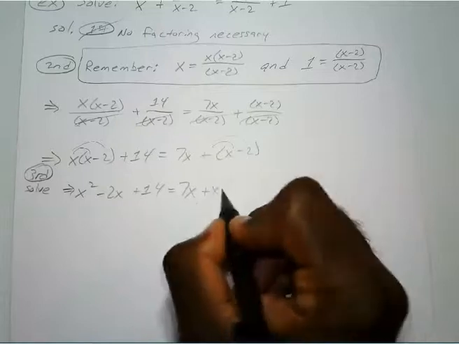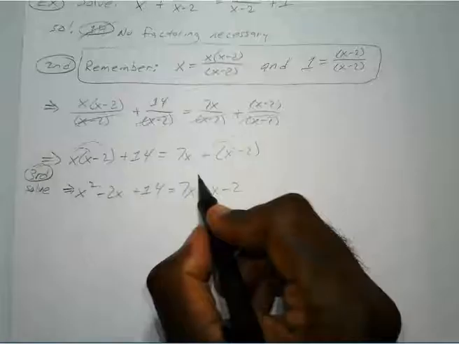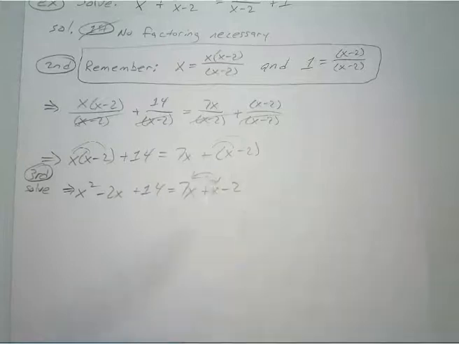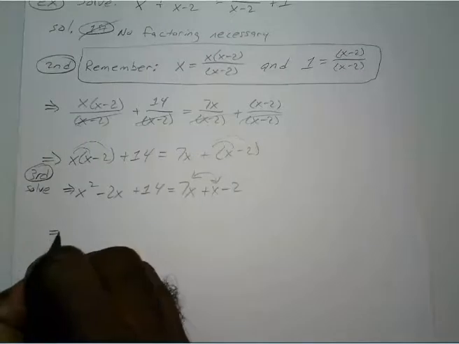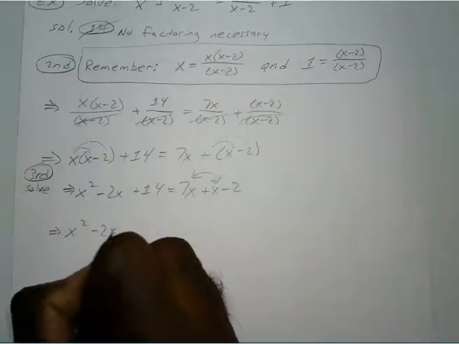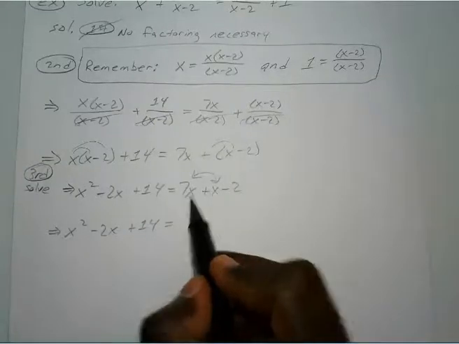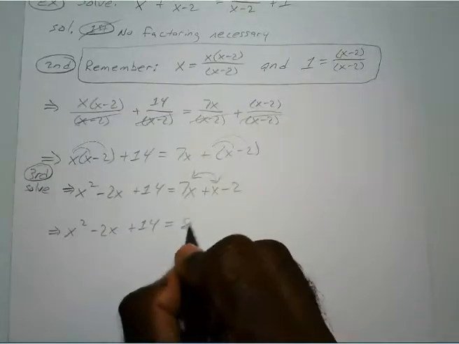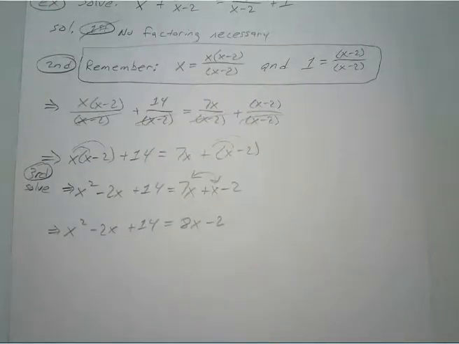And 1 times negative 2 is negative 2. We can go ahead and combine those two. So we have x squared minus 2x plus 14 equals 7x plus 1x, which is 8x minus 2.